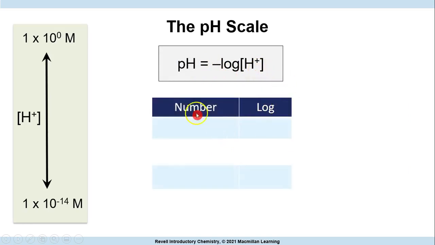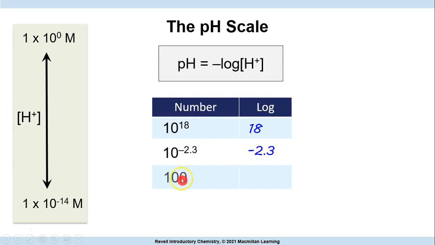So let's see how we are going to deal with numbers and the logarithm. If you have a number of 10 to the power 18, the logarithm is going to be 18. Now if you have a number of 10 raised to the power minus 2.3, the log, if you punch it on your calculator, you are going to have minus 2.3.